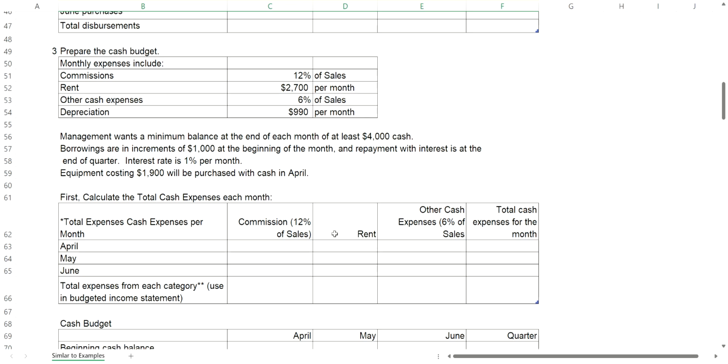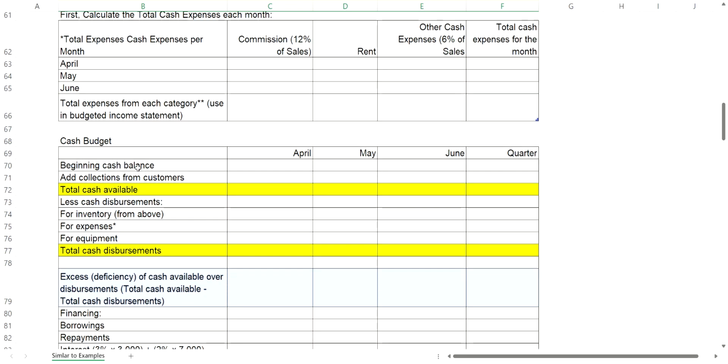So I'm going to come down here to my cash budget where it says add cash collections from customers, and I'm going to fill in my answers from part 1. So I will go ahead and type those in, for a total of 226,600. Okay, and then I'll come back to part 3 in a moment.